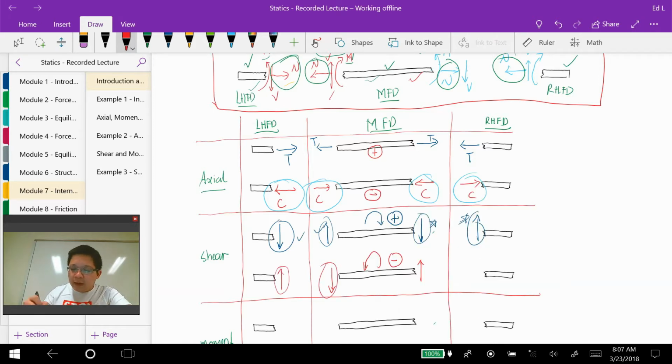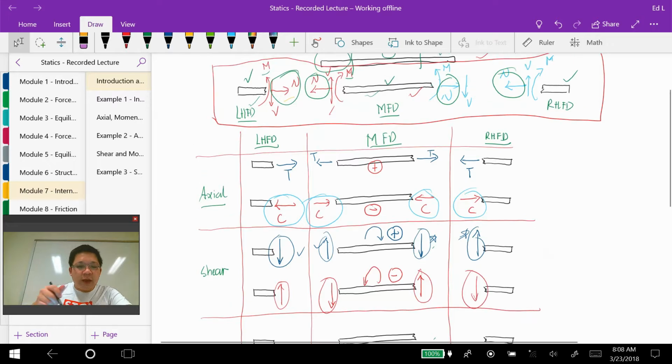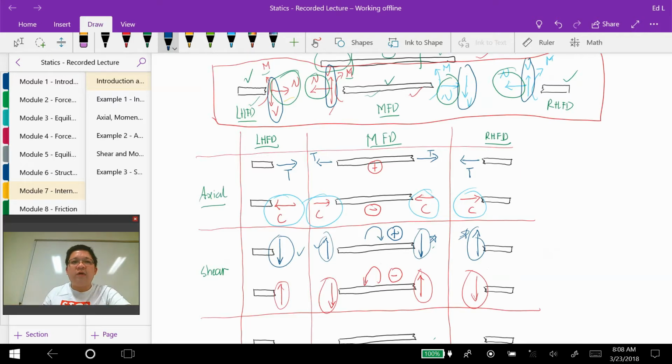And then this force has to go down, such that when I combine this force and this force, they cancel out each other. And this is the reason why I mentioned earlier that the directions that I draw in here, all of them are in positive sign convention.